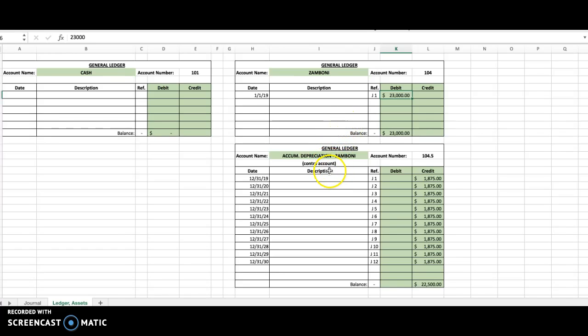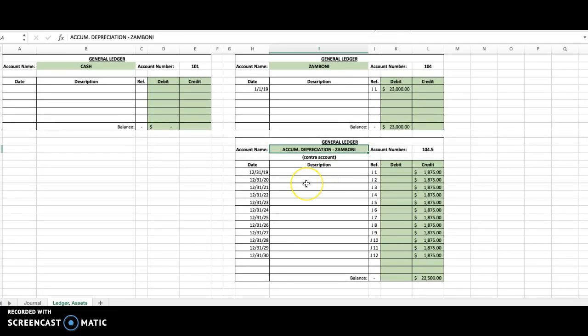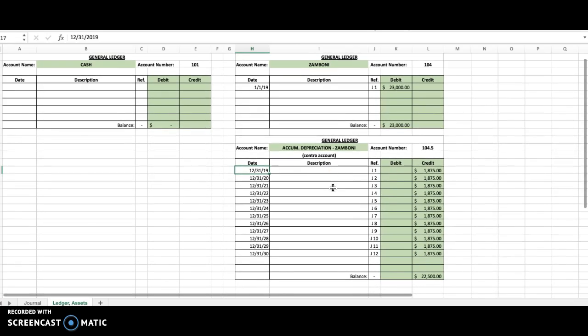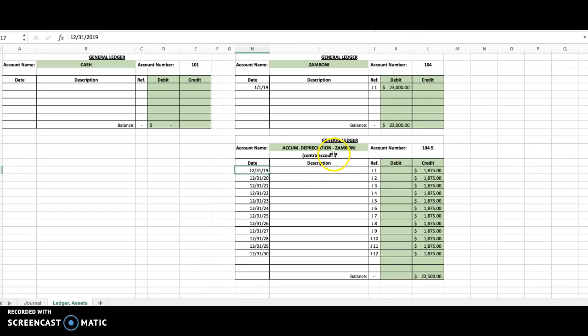What is different, though, is the accumulated depreciation account down below, and I've recorded what would be here. If this is an annual accounting period, that means every year at the end of 2019, for example, we would have debited depreciation expense for the Zamboni, and we credit this account for $1,875. And remember, these two accounts, 104 and 104.5, would be shown on the balance sheet.